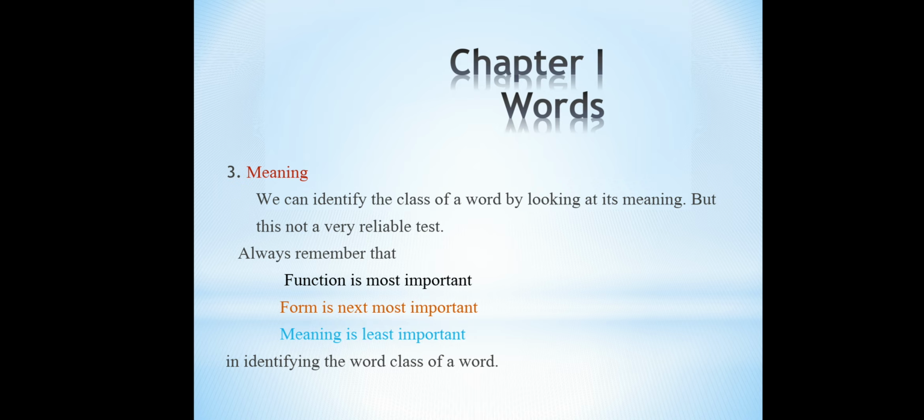But remember, when we decide the word class of a word, function is most important, form is next important, and meaning is least important. It means that function is the most reliable test for deciding the word class of a word.